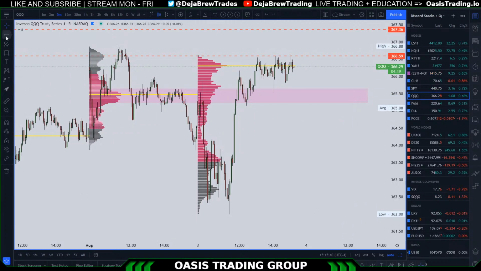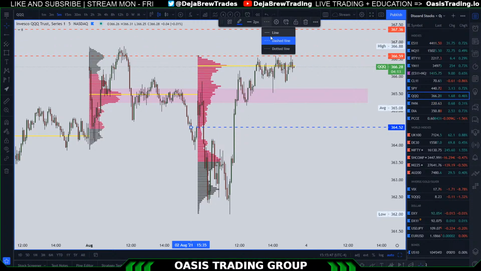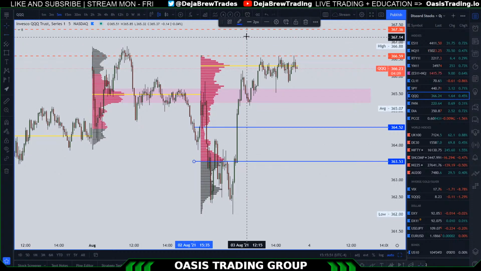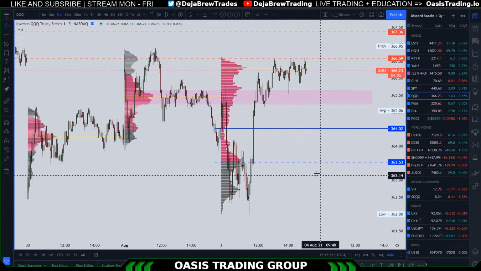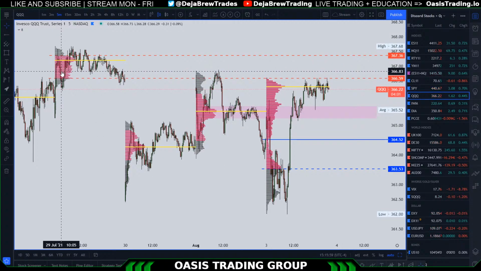And then we have a little gap down here that you want to watch. And then we have today's value area low right around there. Notice how today's value area high is the exact same as the 29th.